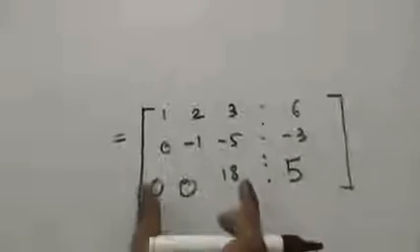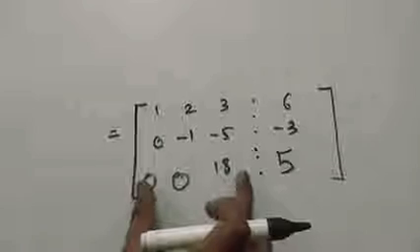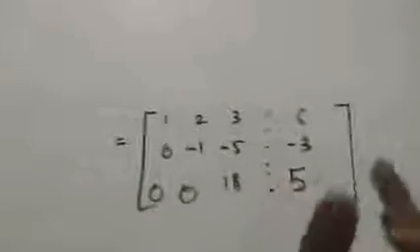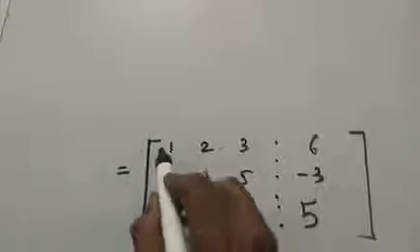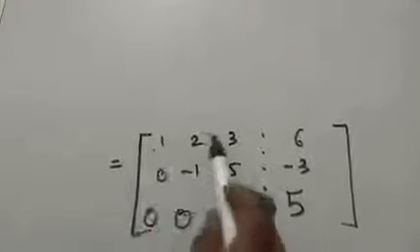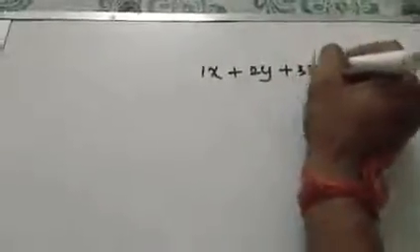Now we will convert this matrix in terms of equations. Just remember that this is your right hand side, this is your left hand side. Now see, I will convert this from the first expression. What is the first expression? 1 2 3 6. 1 comes from x, 1x, then 2 positive, so plus 2y, 3 means plus 3z equals 6.